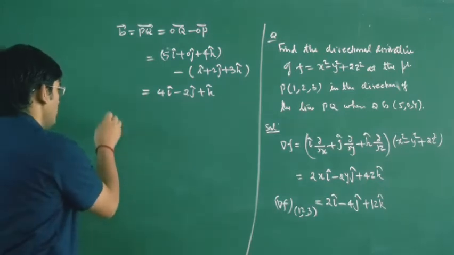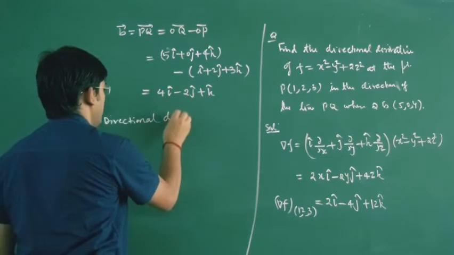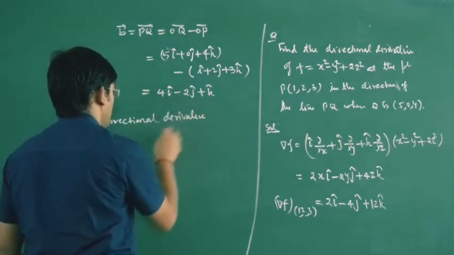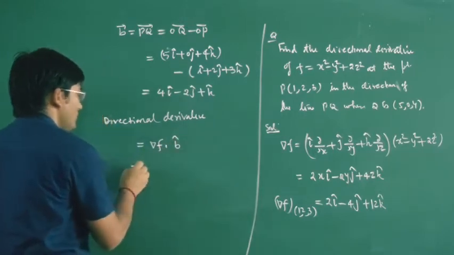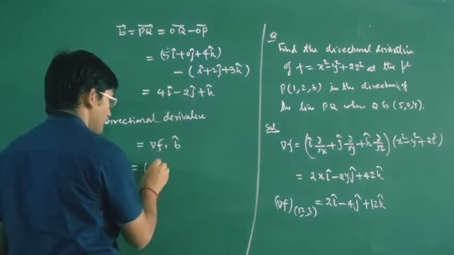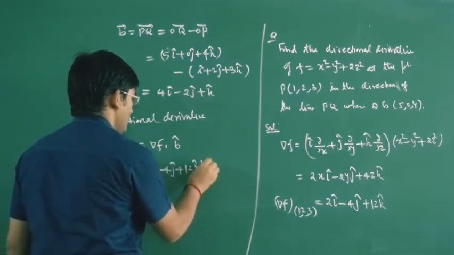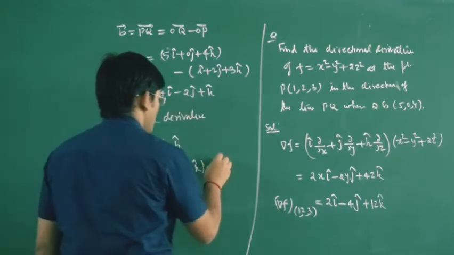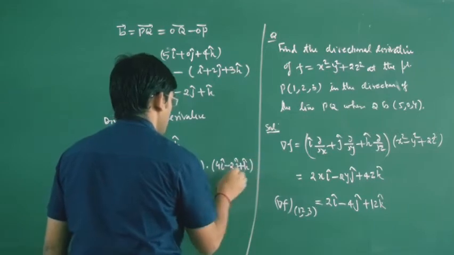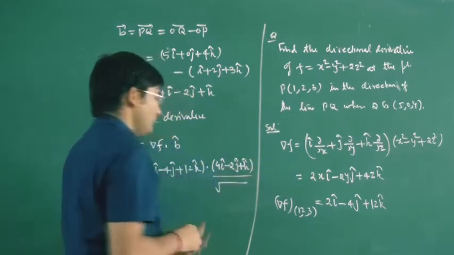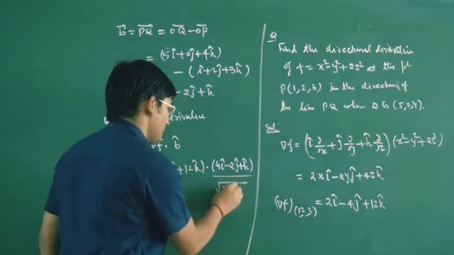Now let us find out the directional derivative. Your directional derivative will be equal to grad f dot v cap. So grad f is 2i minus 4j plus 12k, dotted with the unit vector, which will be 4i minus 2j plus k divided by square root of 16 plus 4 plus 1, so this is 21.